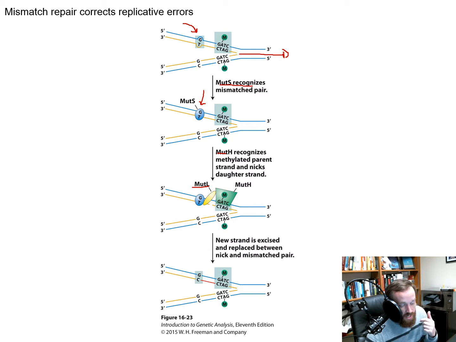And so MutH will then bind to the methyl group, and then MutL will link that original MutS detector, the one that's bound to the bubble. It'll link it to MutH and form this complex. And then it'll nick the daughter strand and start to cut out the DNA where it may have messed up.